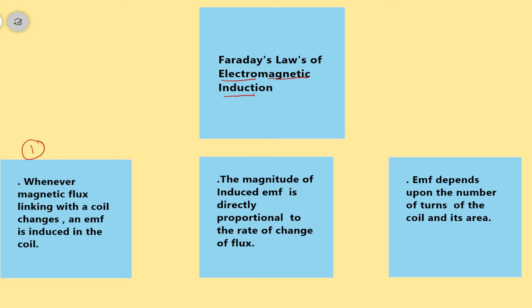One of the laws is whenever magnetic flux linking with a coil changes, that means magnetic field is disturbed or cut by a conductor, or there is a throw and a recession of magnetic field due to varying current in the primary coil.